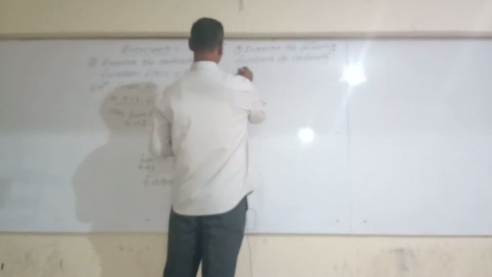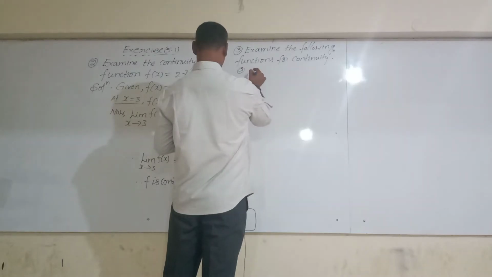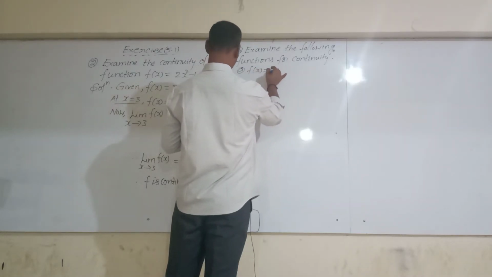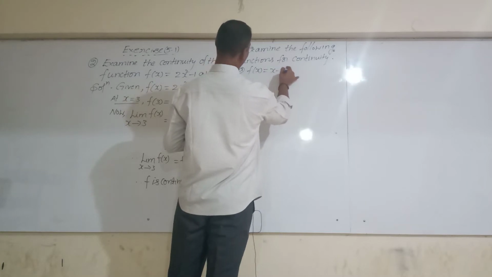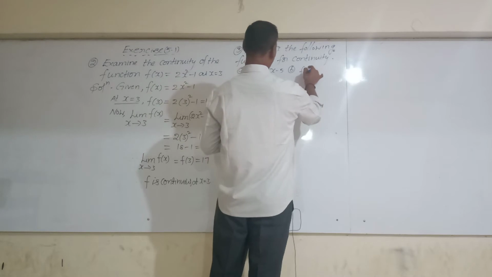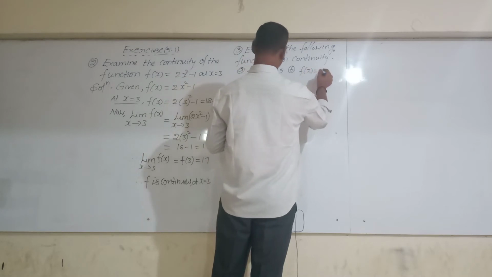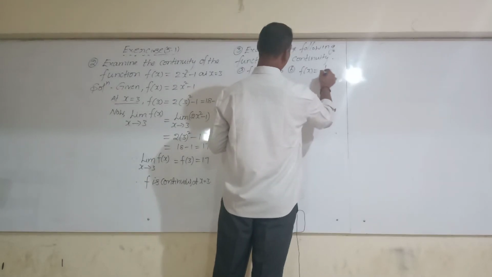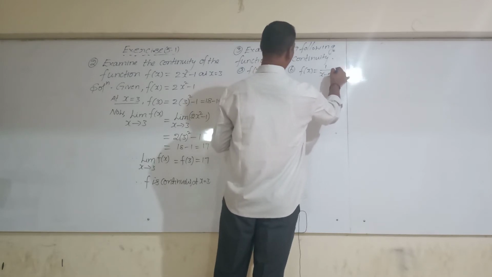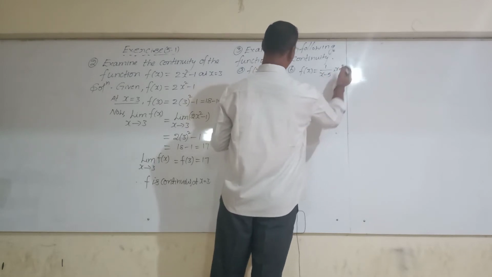There he has given problem A: f of x is equal to x minus 5. Second problem, f of x is equal to 1 upon x minus 5, where x does not equal 5.